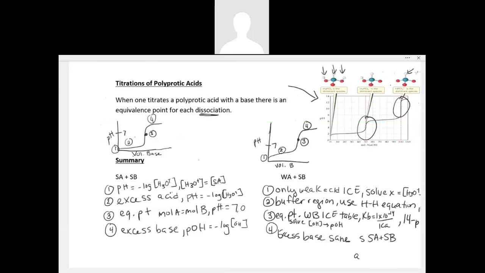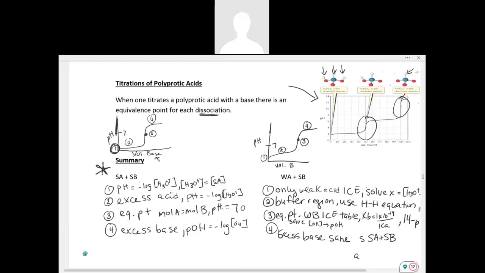Over here we have a scenario with a strong acid and a strong base. Ahead of time, I drew our titration curve, which shows pH on the y-axis and volume of base on the x-axis, with some different points along the way for the strong acid, strong base titration. Point 1 is our starting point.